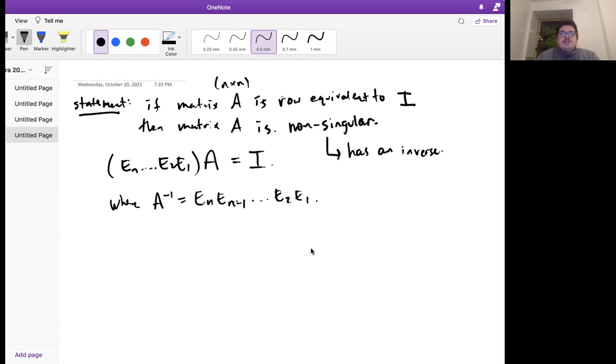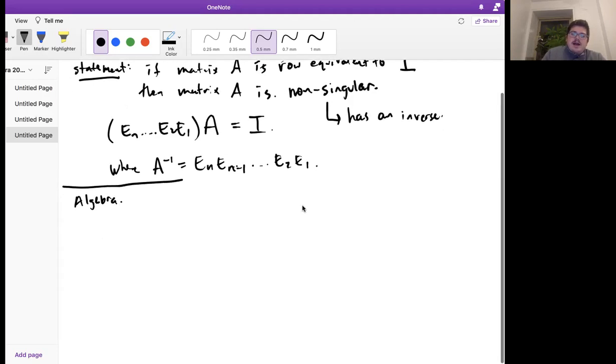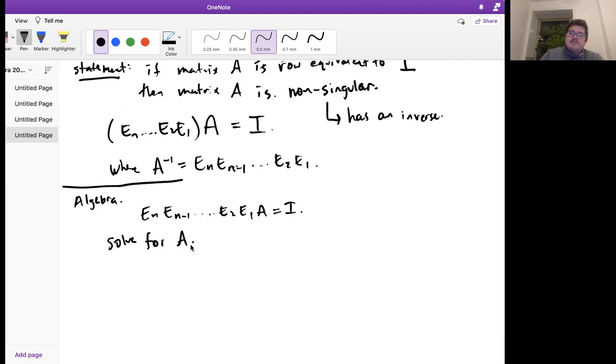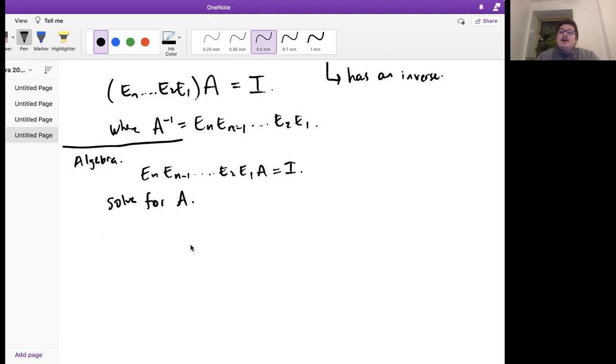Well, here's something interesting. Let's do some algebra. I have En through E2, E1, A is equal to I. Here's my question. Solve for A. How do you solve for A?